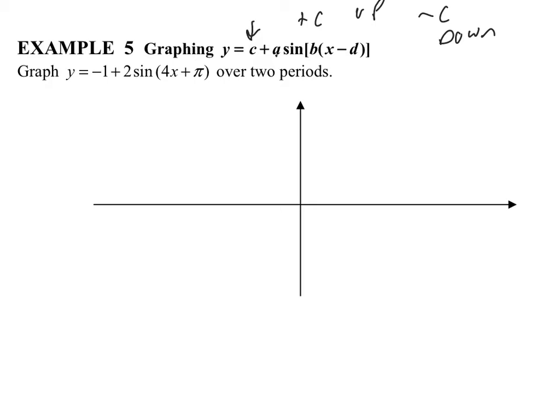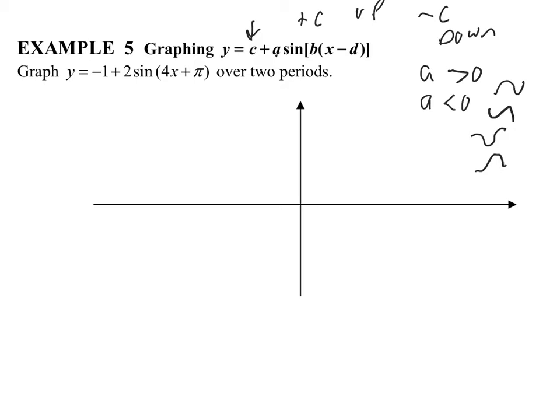If A is positive, that means it's not reflected over the x-axis. But if A is less than 0, you're going to see that the sine curve will flip and be upside down. Or the cosine curve, which normally looks like that, will look like that.